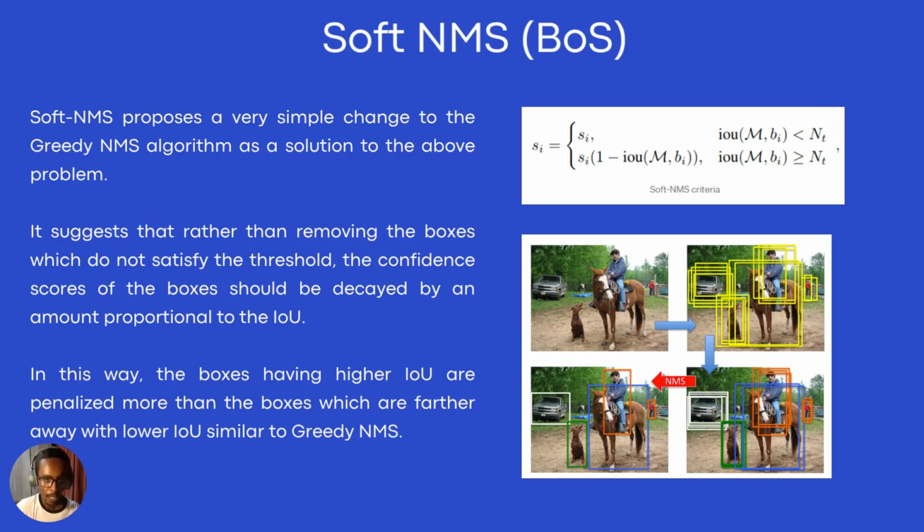In this way, the boxes having higher IOU are penalized more than the boxes which are farther away with the lower IOU, similar to greedy NMS. So instead of just giving a value of 0, we penalize when the IOU between the bounding box that has a maximum confidence score and the rest of the bounding boxes is greater than the threshold value.